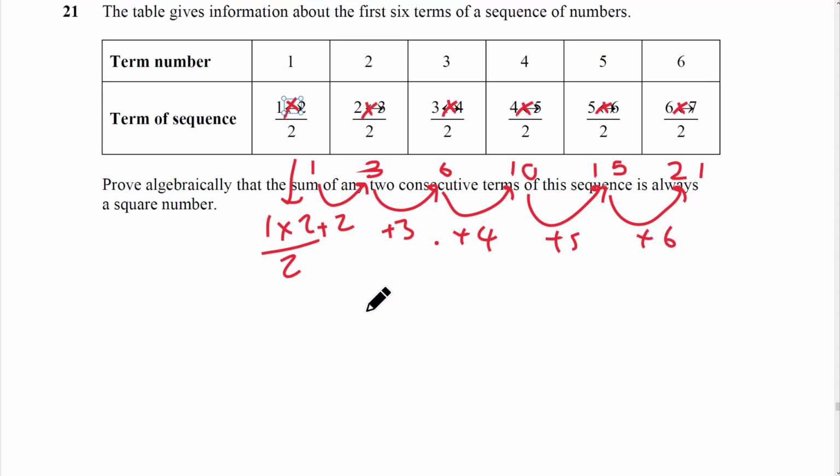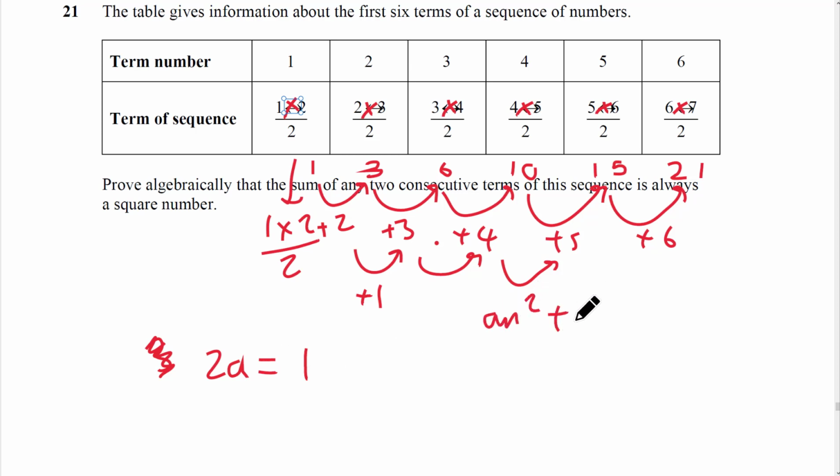Okay, so second difference is plus 1, so we know 2a equals 1. Right, it's going to be an squared plus bn plus c, so a equals a half.